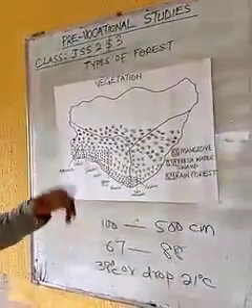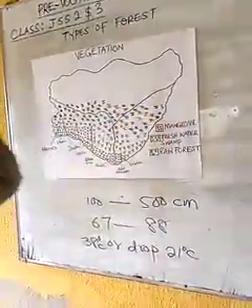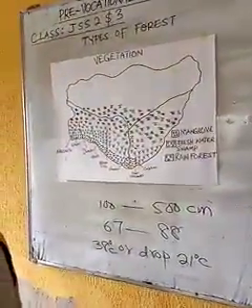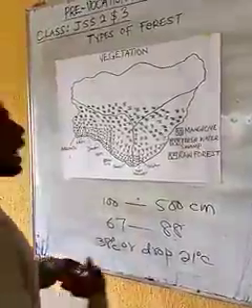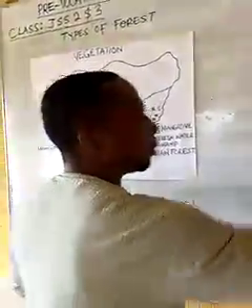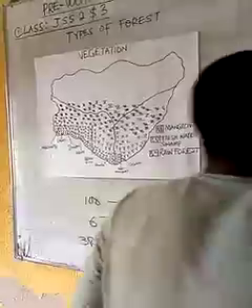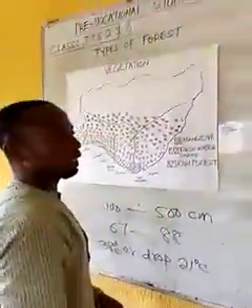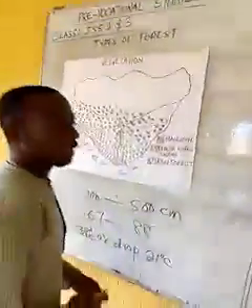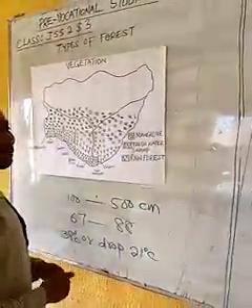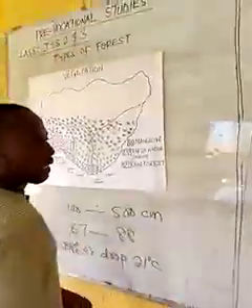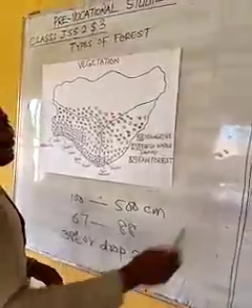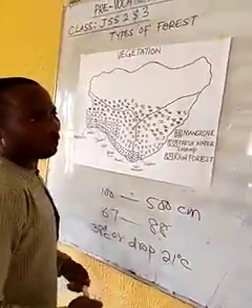But in the case of the derived forest or the savanna that we are talking about here, there's discontinuation of canopies. So there is a gap. When you see a tree here, then maybe you move and see another tree, and there's space where sunlight can penetrate to supply other shrubs and grasses that need sunlight to manufacture their own food.